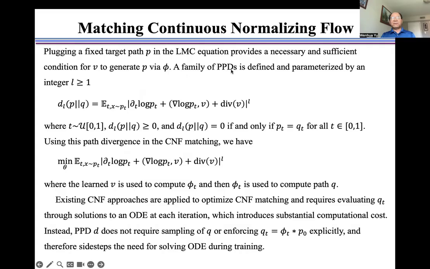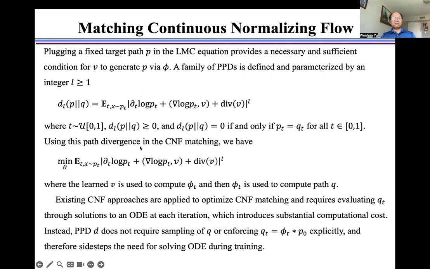A formula for PPDs is defined and parameterized by integer L as shown here, where t is sampled from a uniform distribution U, and D_L is larger than or equal to 0, and D_L is equal to 0 only if P_t is the same as Q_t for all t between 0 and 1.